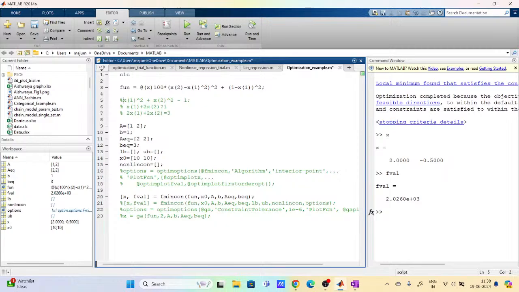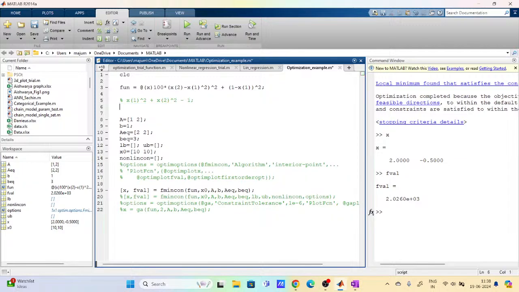Forget about this. Look at the nonlinear constraint here. What is the constraint? Please write down in the chat box. Just simply in x1 and x2 form. So x1 square plus x2 square less than or equal to 1, right? X1 square plus x2 square less than or equal to 1.